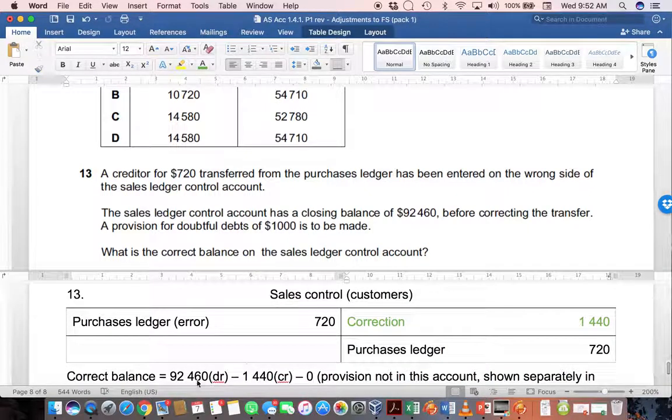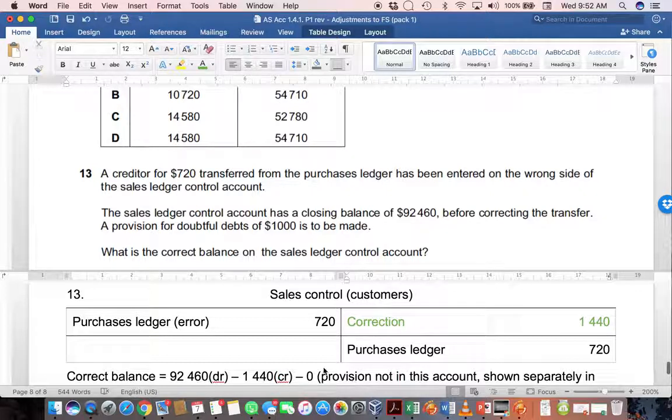Firstly, you would need to obviously start with the incorrect balance of 92460, which hopefully you realize should be a debit balance, because remember the sales control represents my customers and this is an asset account. So as an asset, it would have a debit balance. That means that my correction, which I have to credit, must therefore be minused.